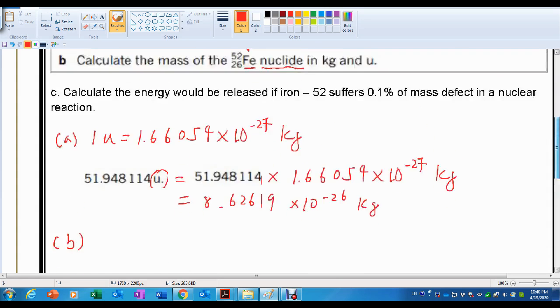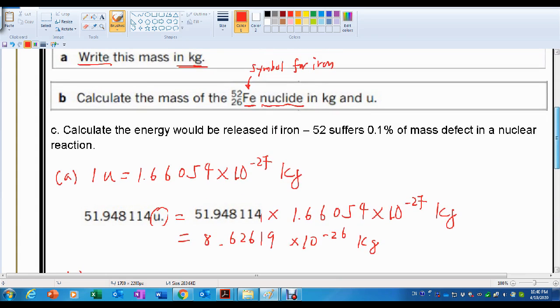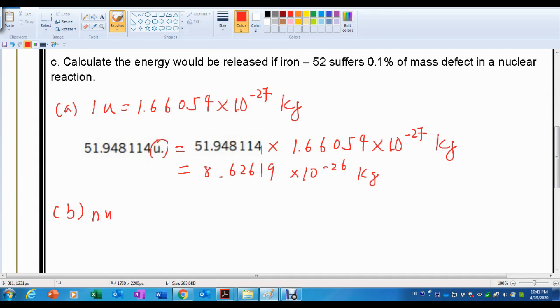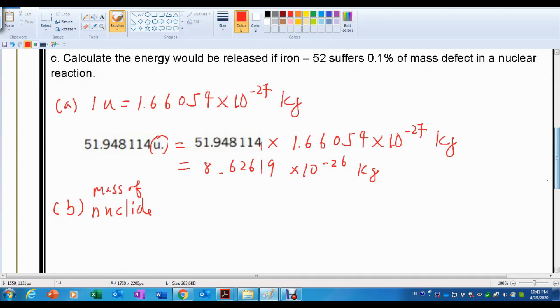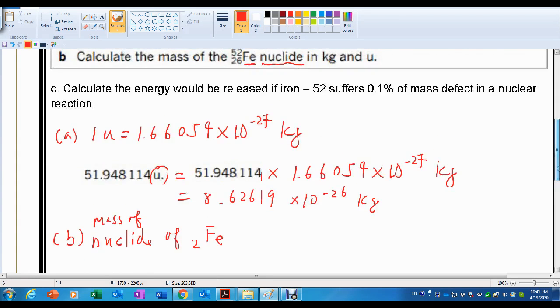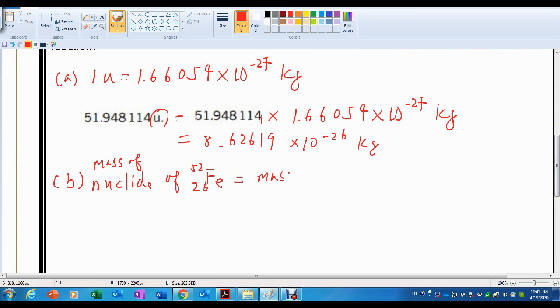So for the mass of the nuclide, of that Fe-52, 26, you need to use the mass of the atom, that's one, minus how many electrons?